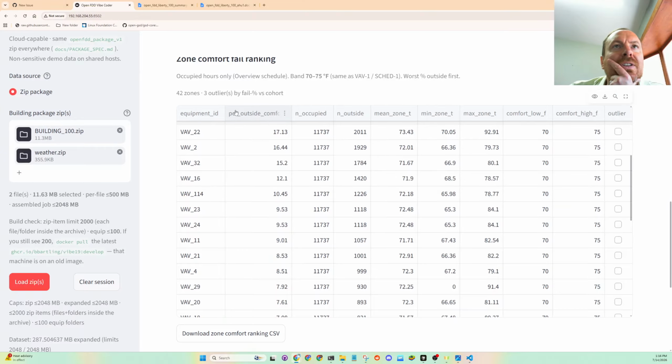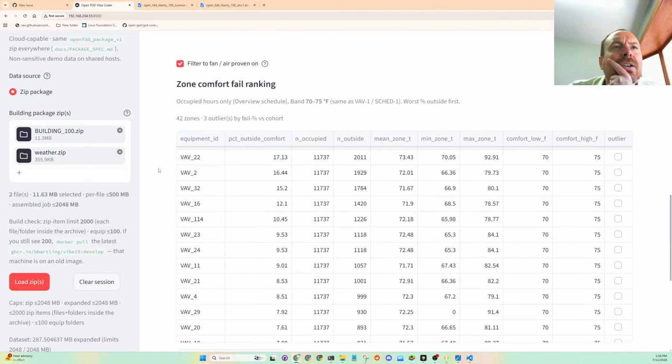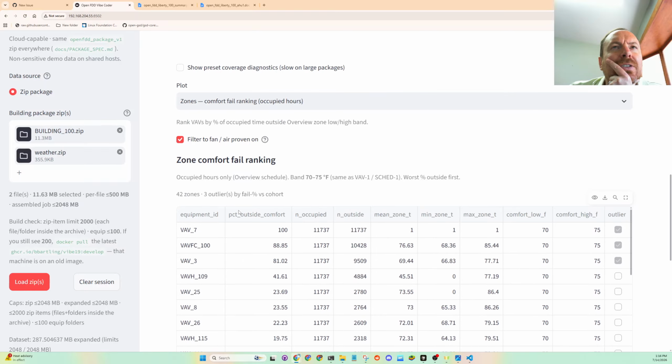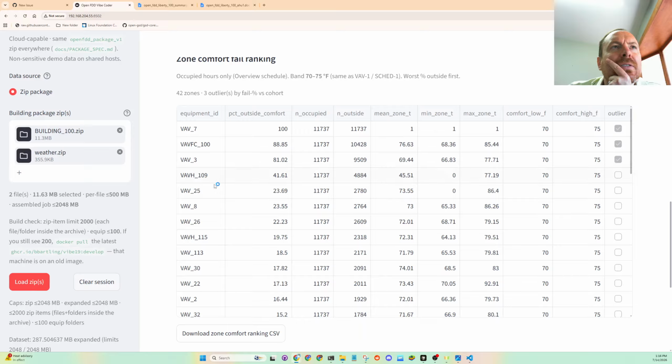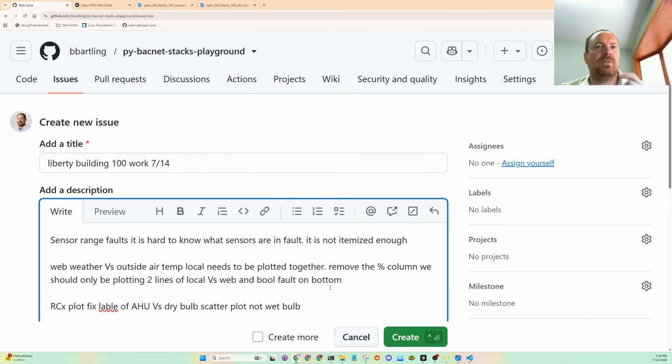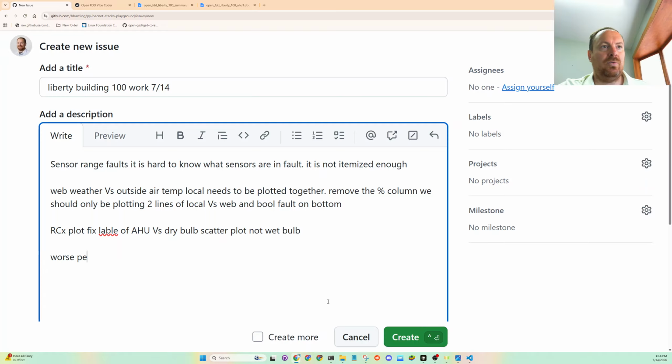I think there could also be a better chart here. Kind of wondering what kind of chart it could be. Maybe we'll do this too. Worst performing VAV box, better chart.